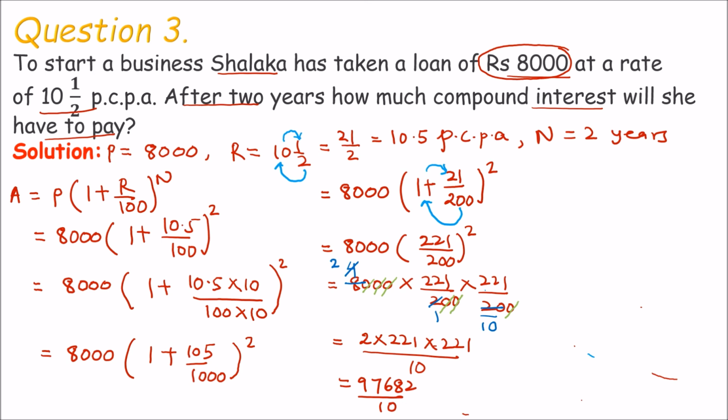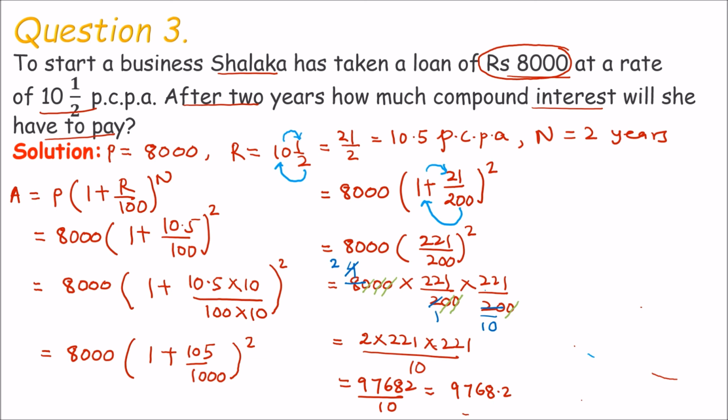Okay, and if we divide this by 10, you have to put the decimal by leaving one digit from the right side because there is a 10 in the denominator. So we will get 9,768.2. That is the amount.